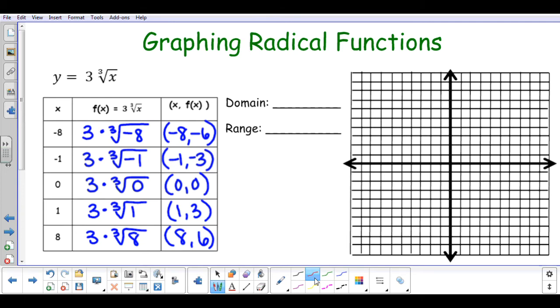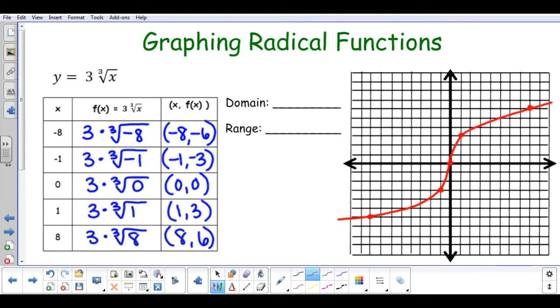Now I can plot these 5 points on my coordinate grid to create my graph. Once all of the points are plotted, I'm going to sketch in my curve.